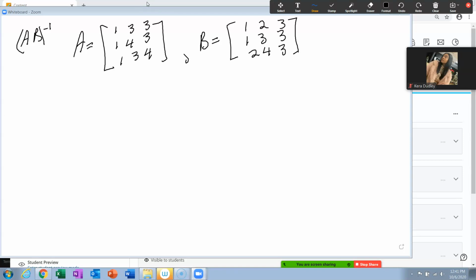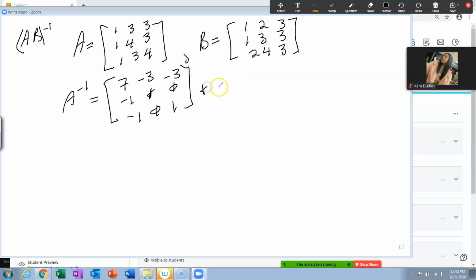They say using the fact that A inverse, thank you for not making me do this, is 7, negative 3, negative 3, negative 1, 1, 0, negative 1, 0, 1.